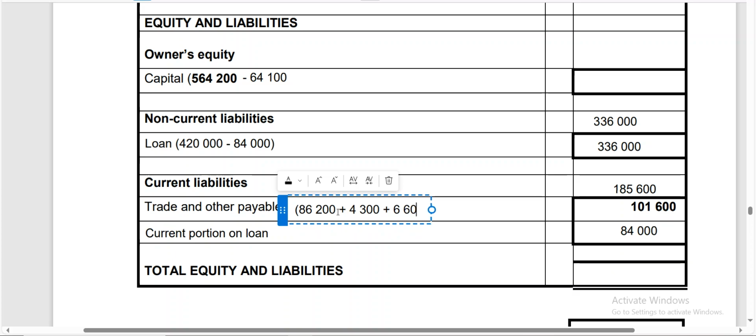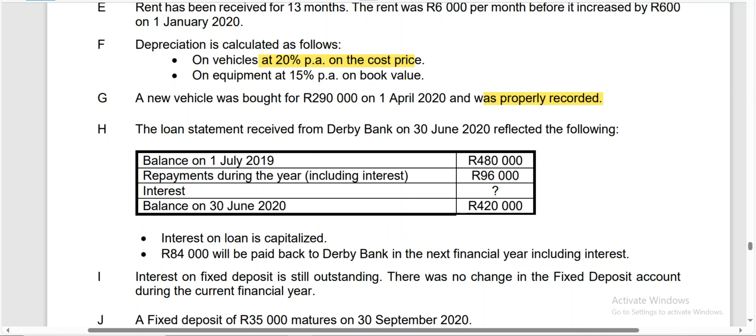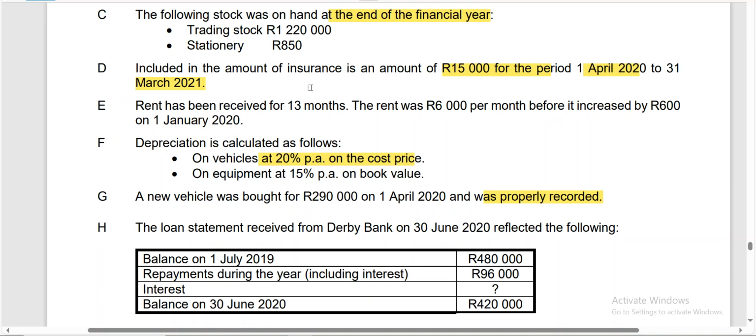It seems the software is not saving, guys, so it's going to be a challenge. And I'll also have to remember what else was written there.